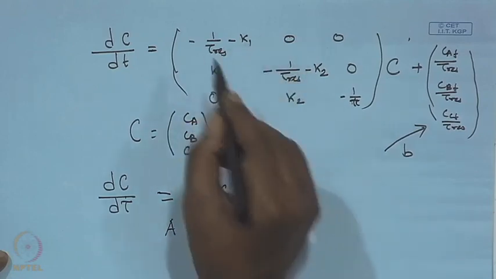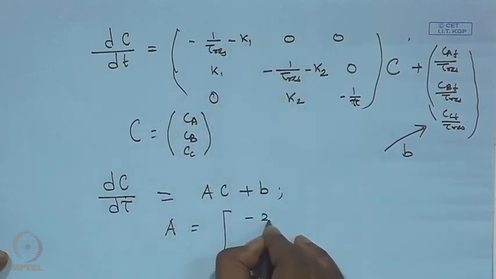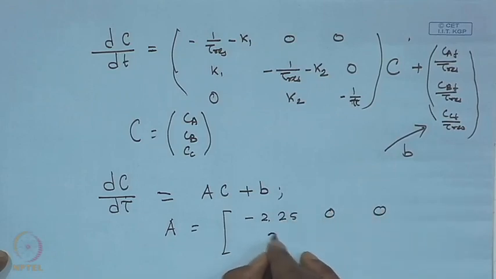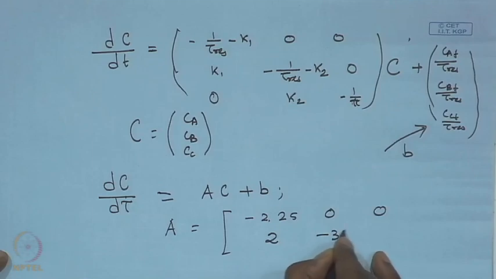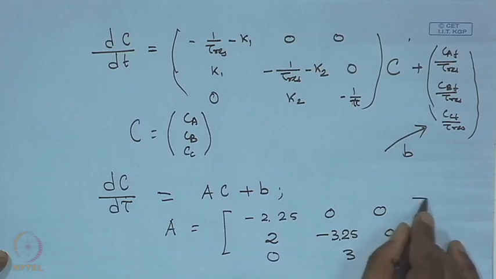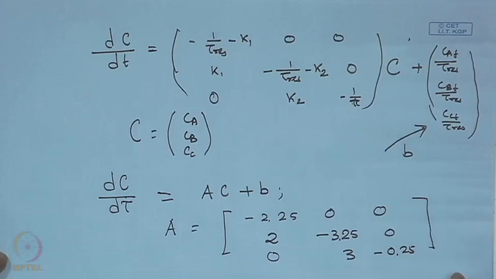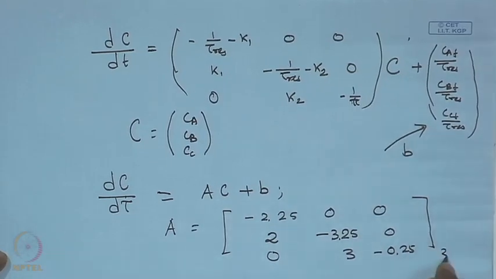If you put all the values, this becomes minus 2.25, 0, 0; 2, minus 3.25, 0; 0, 3, minus 0.25. So, you will be landing up with the coefficient matrix like this.